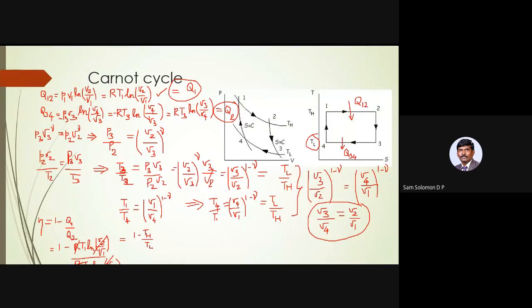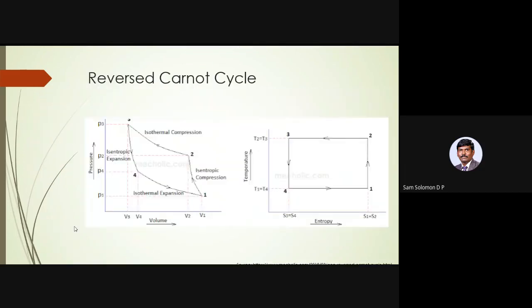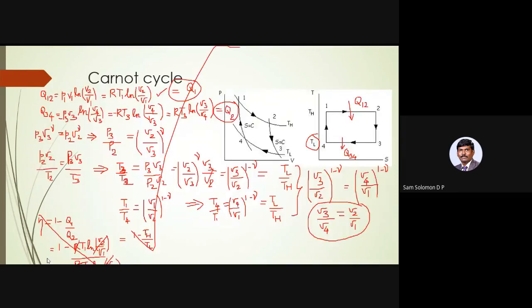Again, we have made some mistake somewhere. Sorry. So this is not Q1 by Q2. This is supposed to be Q2 by Q1. Efficiency is 1 minus Q2 by Q1. Sorry about that.